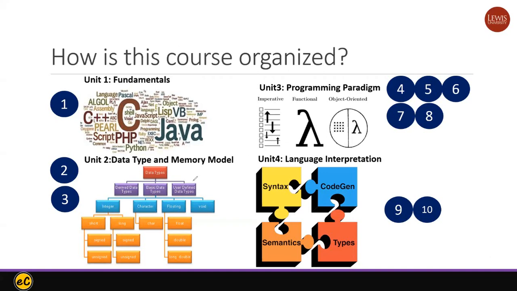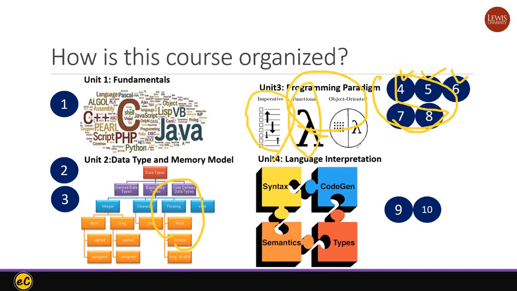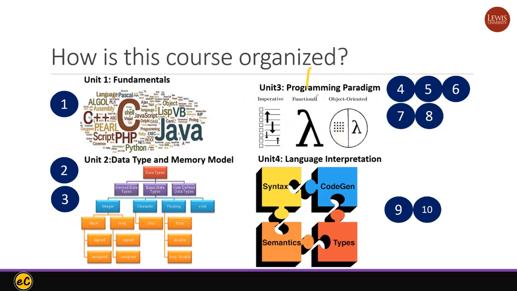So we will talk about the memory model. When you have one language and then different programming paradigms, it will be chapters 4, 5, 6, 7, 8. These few chapters will be on imperative structural programming, functional programming, and object-oriented programming. Functional programming right now is more popular because of AI.